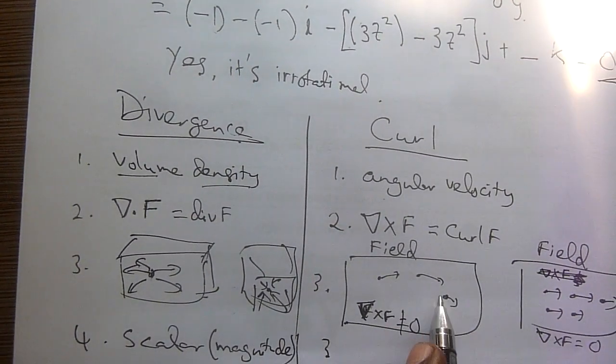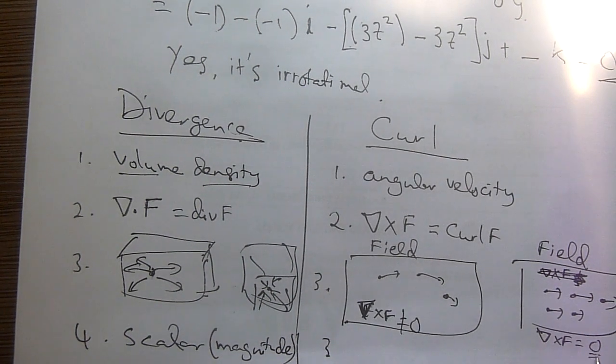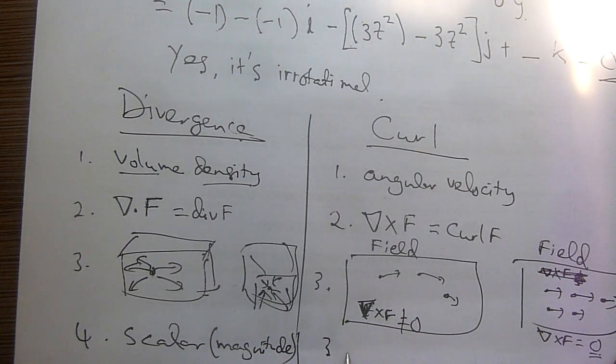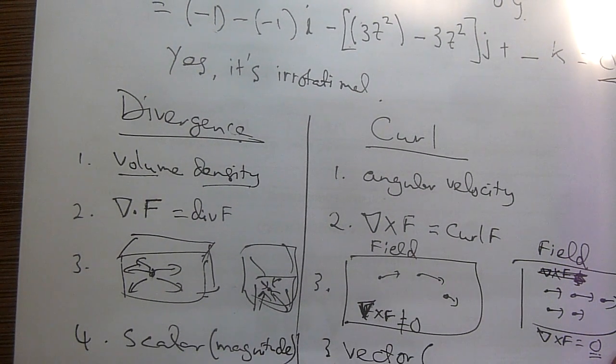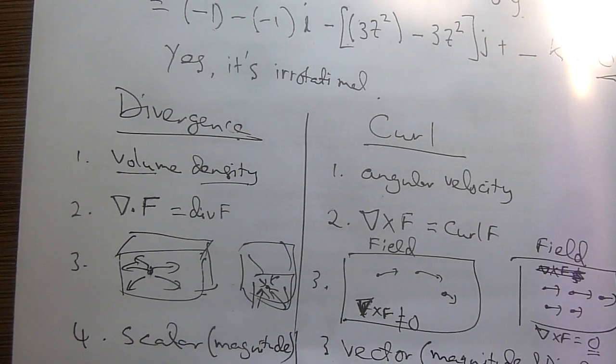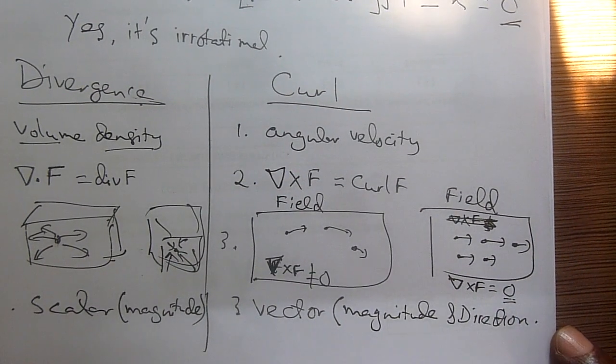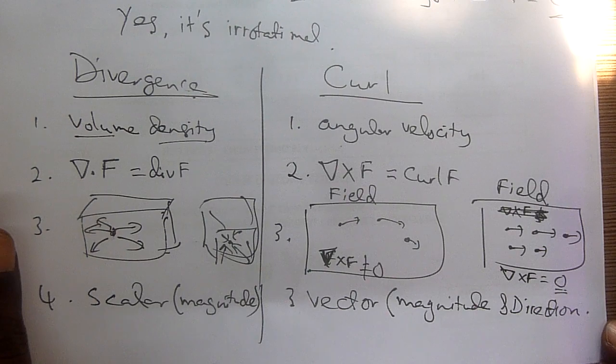Therefore here an angular velocity exists for the rotational case, and this is actually a vector. A vector has magnitude and direction. Can you see that? It has a magnitude and direction.